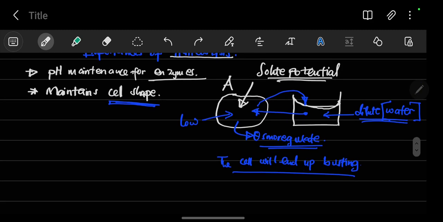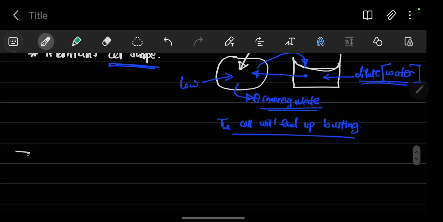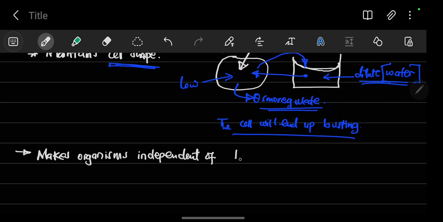So we move on to the other importance. The other importance is that homeostasis makes organisms independent of the external environment.